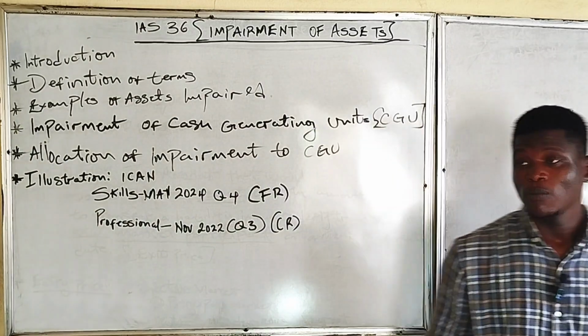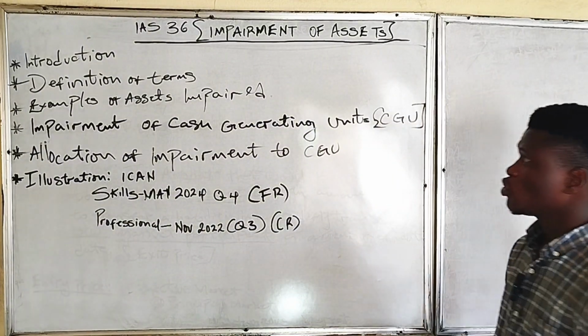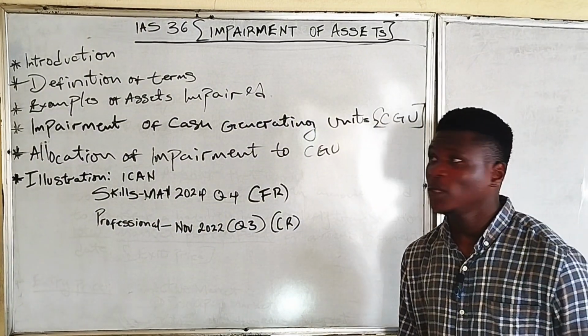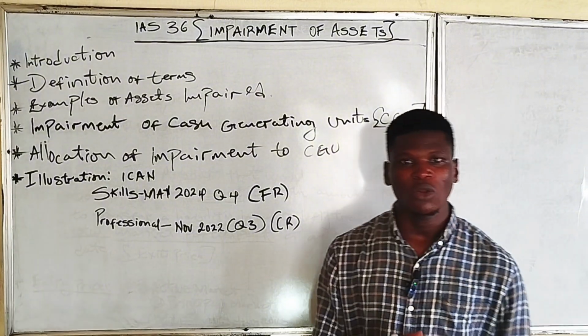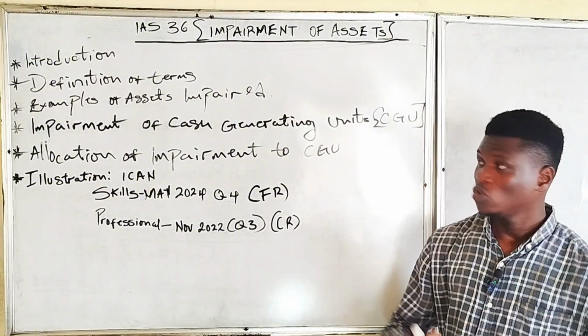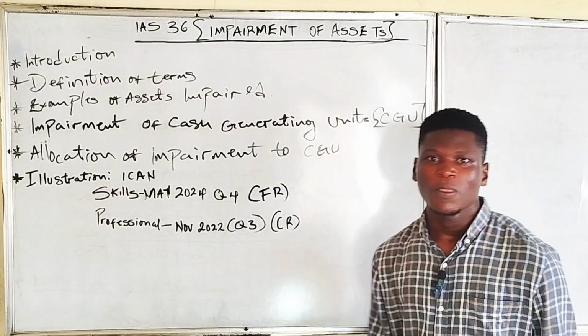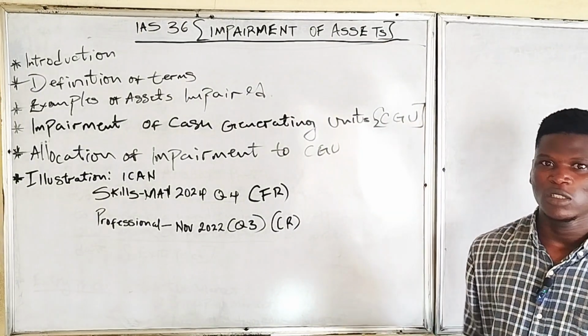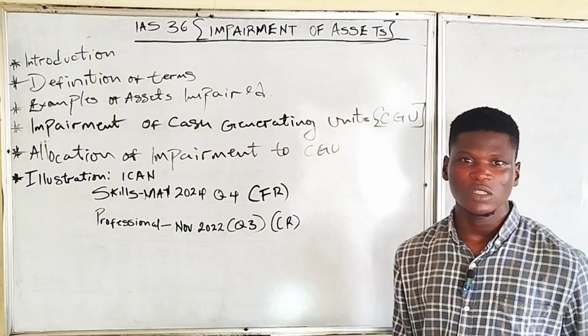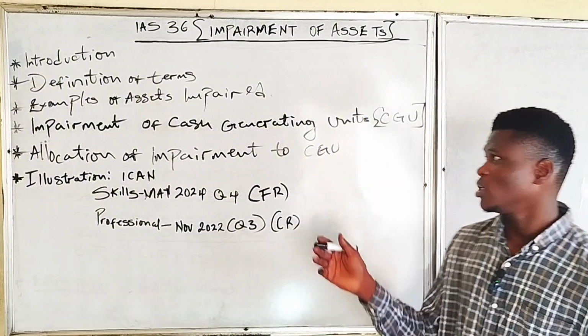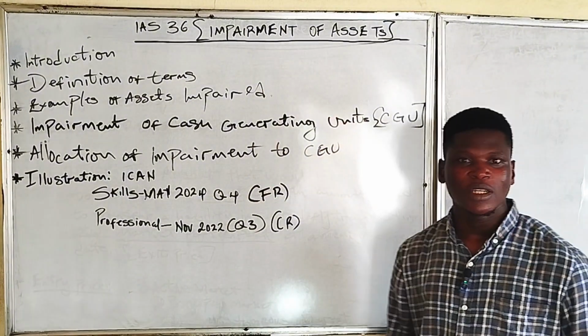All right. So starting with the introduction, just like I said, impairment is a permanent loss in the value of an asset, just like the name terms. So IAS 36 is an accounting standard that governs all the treatment of impairment on assets, the recognition, the measurement, the allocation, and the likes of such.